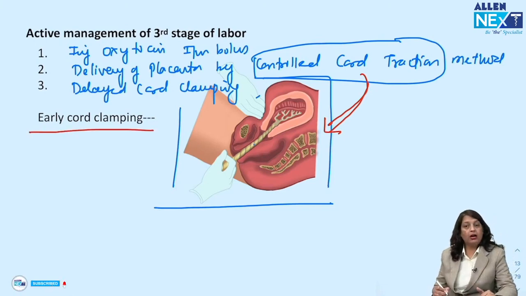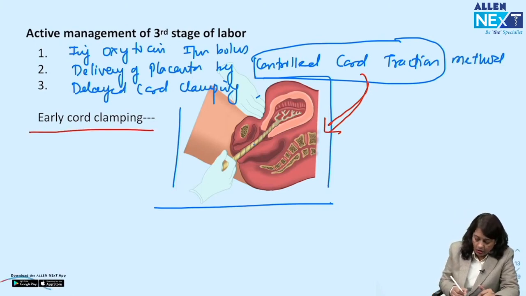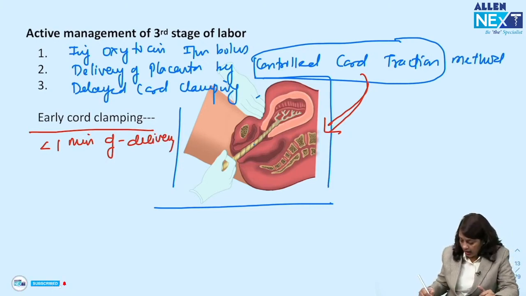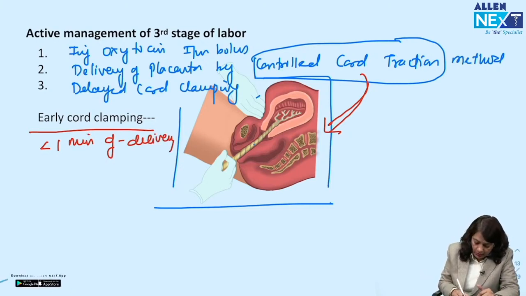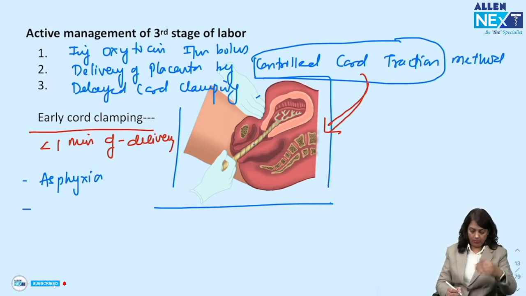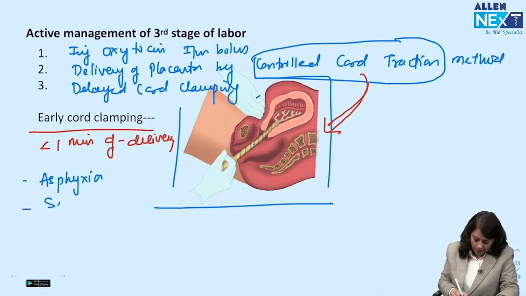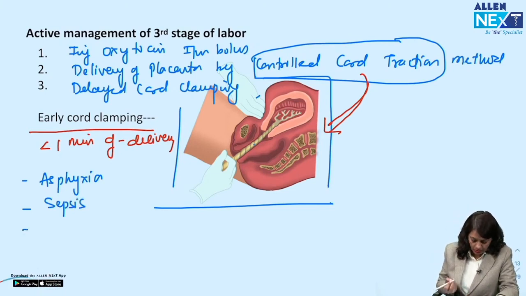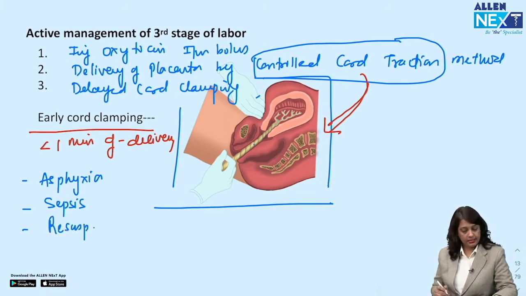Now what is the difference between early cord clamping and delayed? Early cord clamping is cord clamping done within 1 minute of delivery. Early cord clamping is done when there is birth asphyxia, or the baby is born in sepsis, or there is any condition which requires neonatal resuscitation.